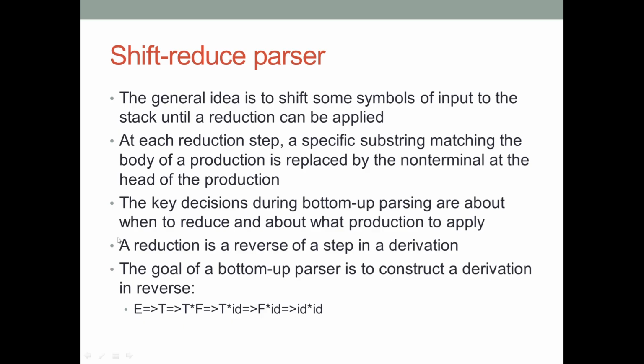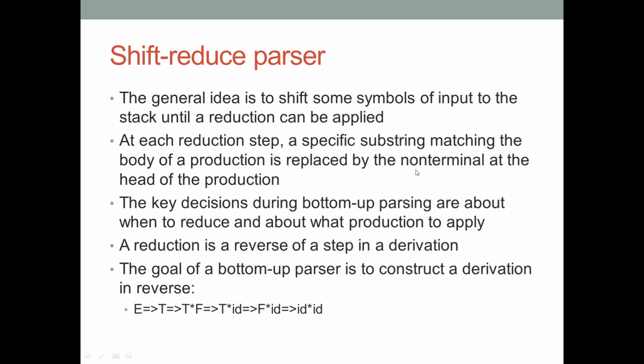At each reduction step, a specific substring matching the body of the production is replaced by the non-terminal at the head of the production. The key decisions during bottom-up parsing are about when to reduce and about what production to apply.